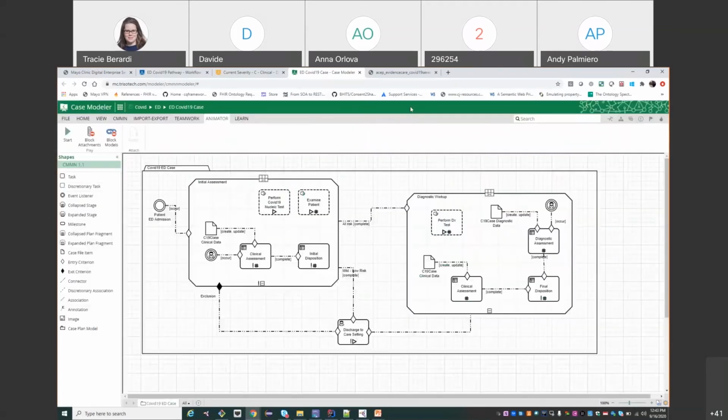So with that in mind, what we can do is look into the actual decisions.